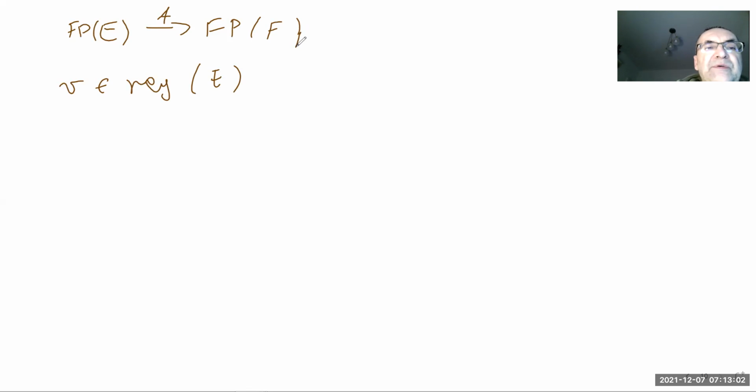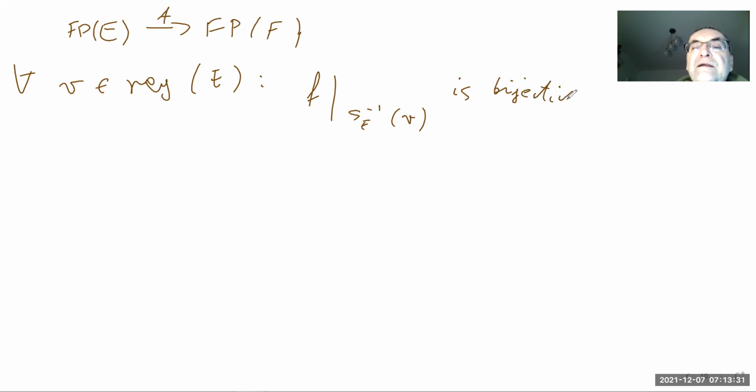When I restrict my map f, for any v, to the set of all edges emitted at v, so s inverse of v, this is bijective on its image. Actually, it's bijective onto s_F inverse of f of v.